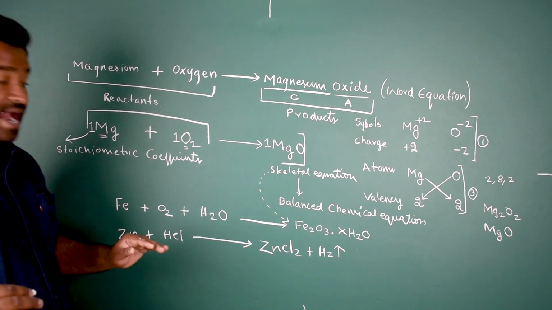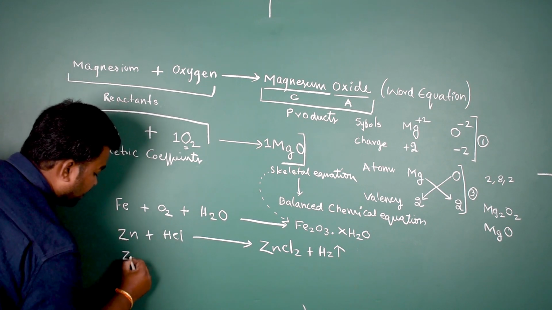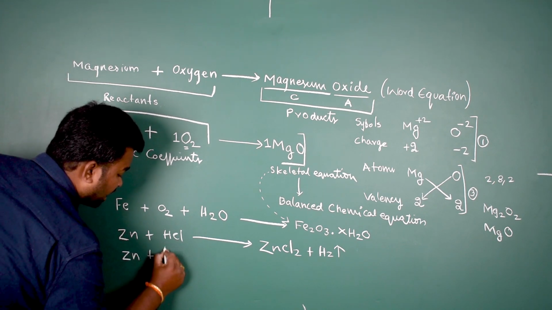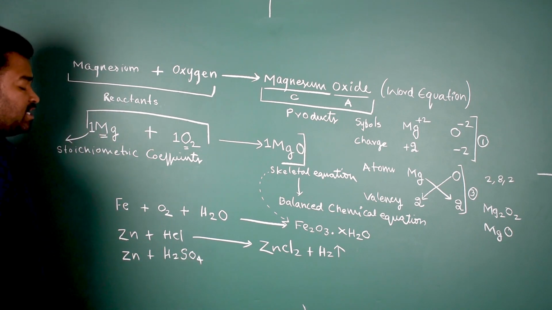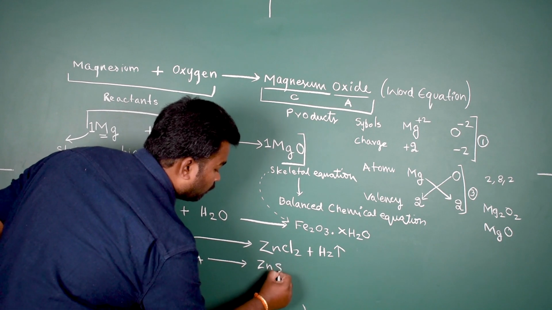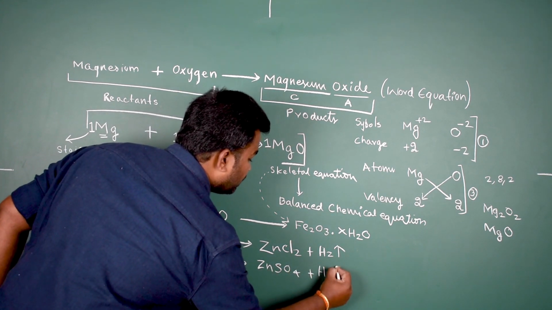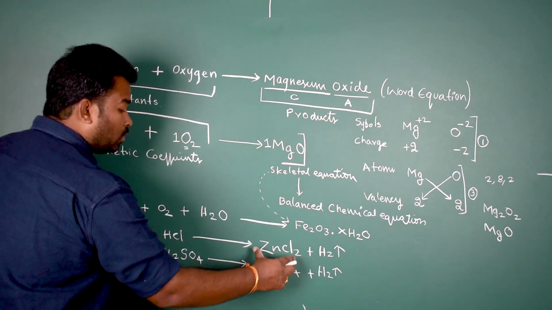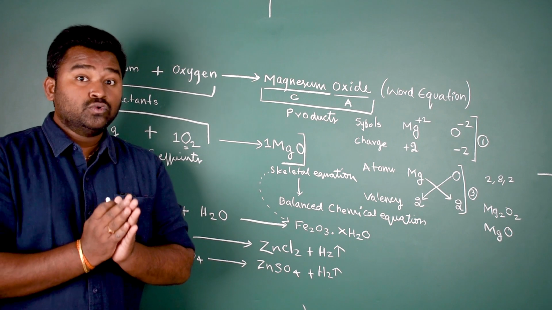Correct? Now we will look at one more reaction taking a different acid, where zinc is allowed to react with sulfuric acid, which is represented by the symbol H2SO4. It will form ZnSO4 plus H2 gas.